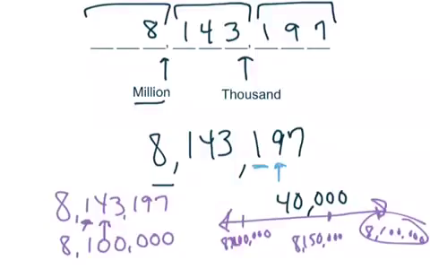That's 5 or greater, which means I'm going to make these 2 numbers 0, but I'll add 1 to this column. The numbers in front of it would stay the same. So we've got 8,143,200 if I was rounding to the hundreds place.